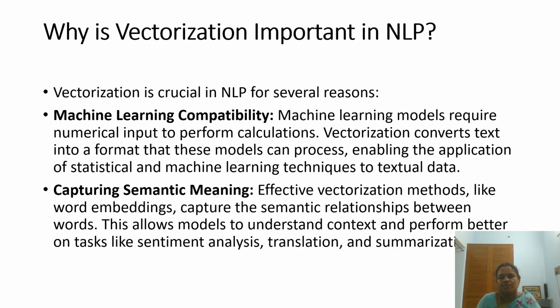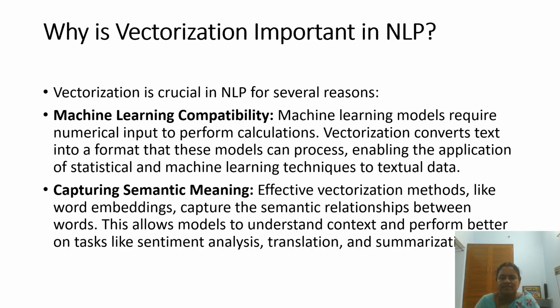Why is vectorization important in natural language processing? There may be various reasons, so let us sort out some crucial ones. The first one is machine learning compatibility. Machine learning models require numerical input to perform calculations. Vectorization converts text into a format that these models can process, enabling the application of statistical and machine learning techniques to textual data.